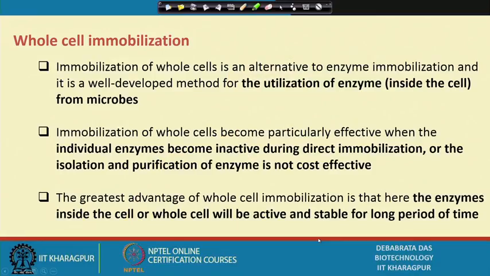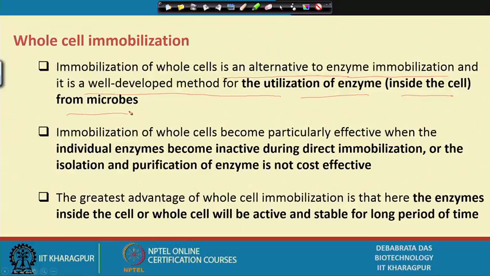Now, what do we mean by whole cell immobilization? Whole cell immobilization is an alternative to enzyme immobilization, and is a well developed method for the utilization of enzymes inside microbial cells.